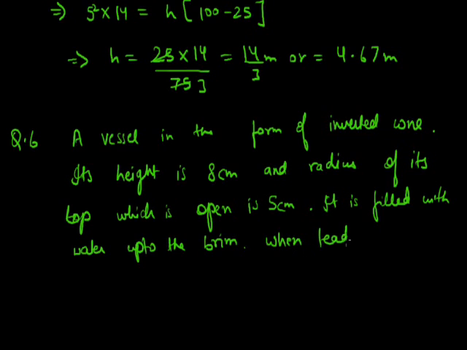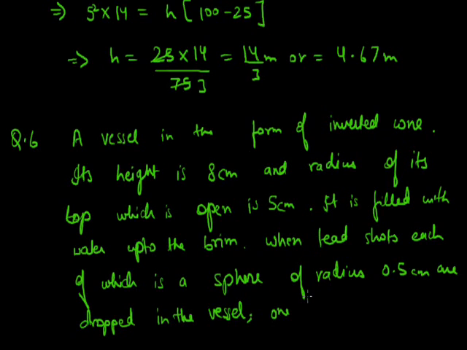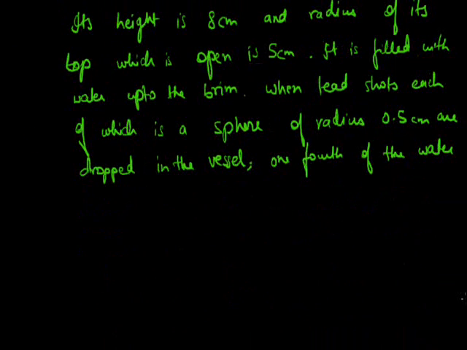When lead shots, each of which is a sphere of radius 0.5 centimeter, are dropped in the vessel, 1/4 of the water flows out.